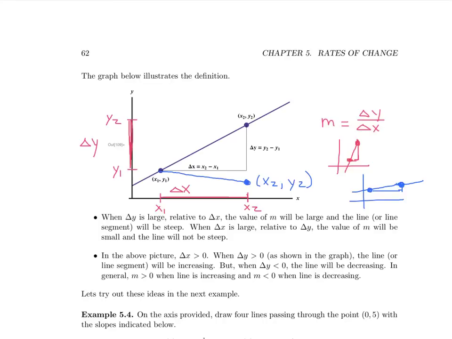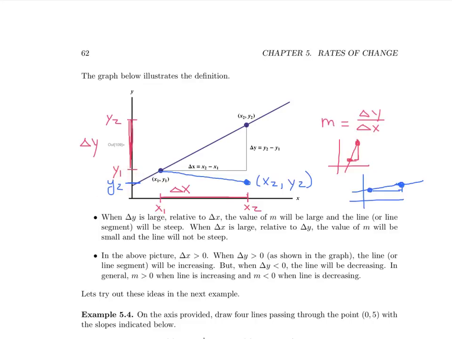So notice that delta x is the same. This interval here is exactly the same as it was before, but y2 is much less now than it was previously, and in fact y2 appears to be maybe about right here. So when I calculate delta y, and again delta y is equal to y2 minus y1, notice I'm taking a smaller number and subtracting a larger number.